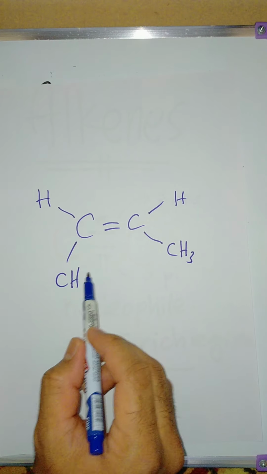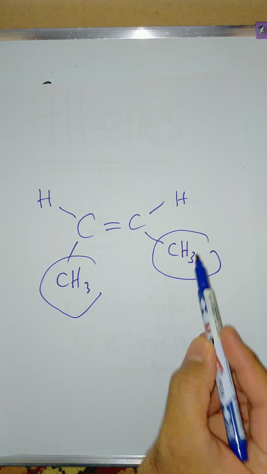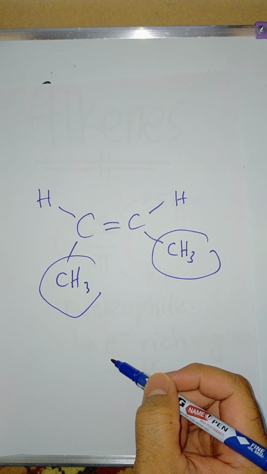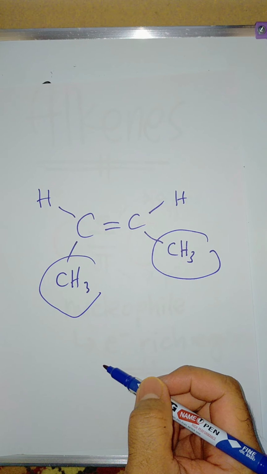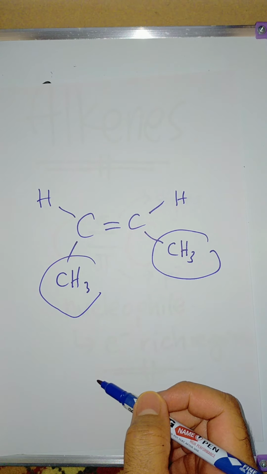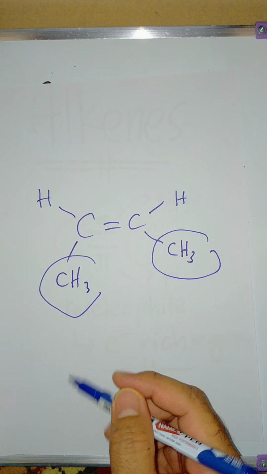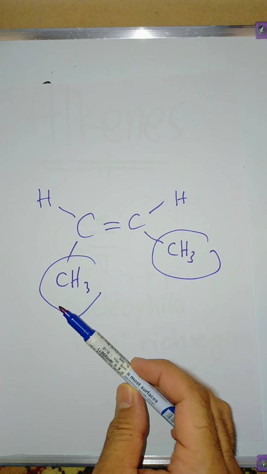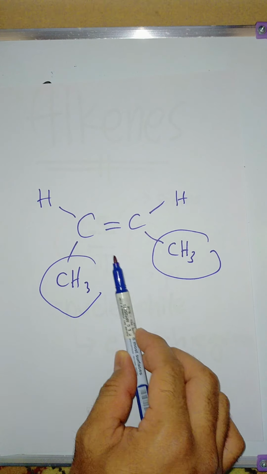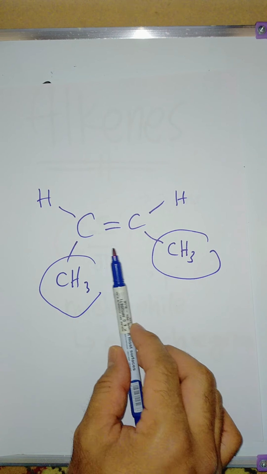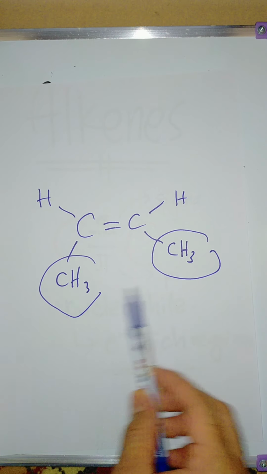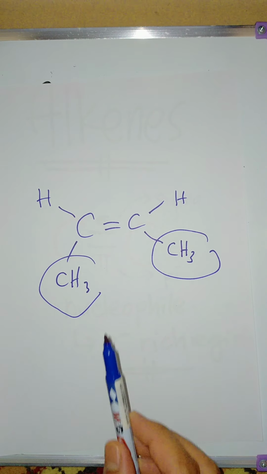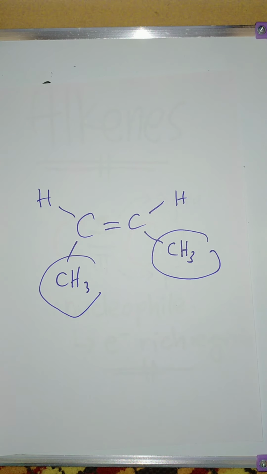So this methyl and this methyl are electron donating groups, right? They will help the double bond, helping it to stabilize. Their function is to stabilize the structure of the compound, with a small partial positive charge on the alkyl group and a small negative charge on the double bond carbon atom.